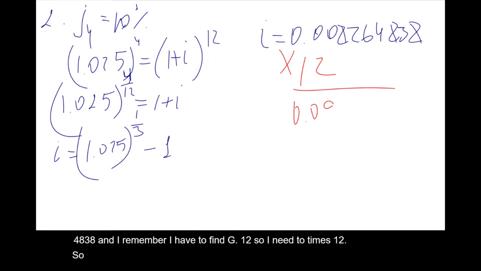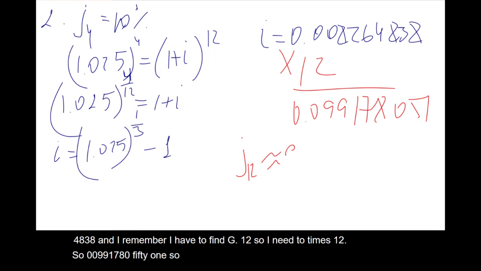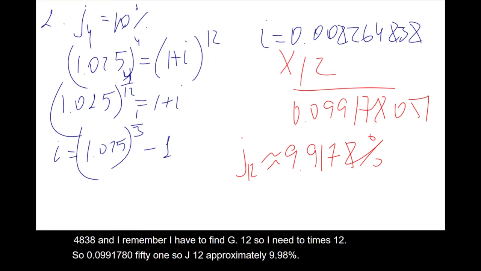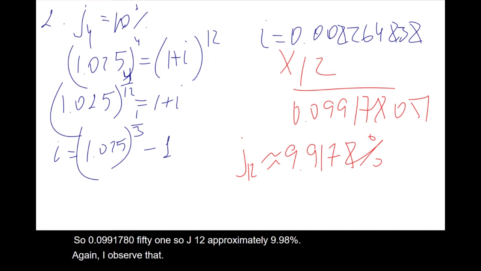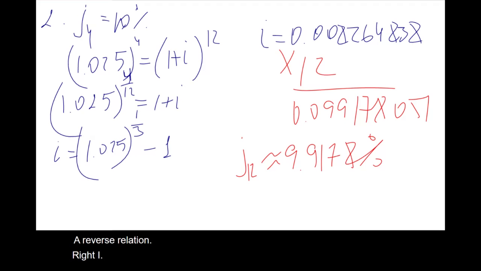And I remember I have to find J12, so I need 12 times that. 0.099178051. So J12 is approximately 9.9178%. Again, I observe the reverse relation, right? I changed the number of compounding periods.